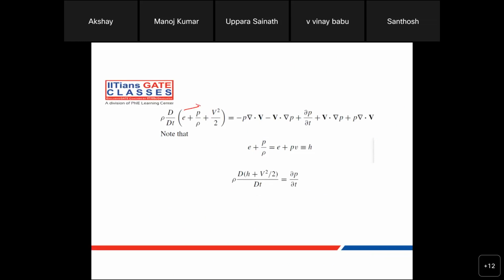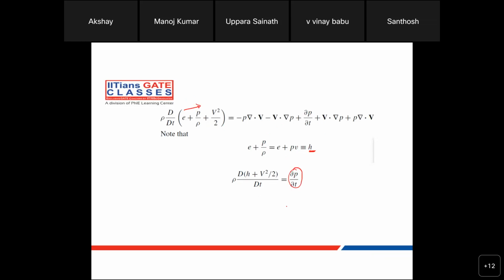E plus P by rho is written as H, a thermodynamic property. Internal energy plus flow energy is nothing but enthalpy. We will end up with one more term, a very important term, because we forget it while defining a total property. We just define it when the flow is brought to rest.